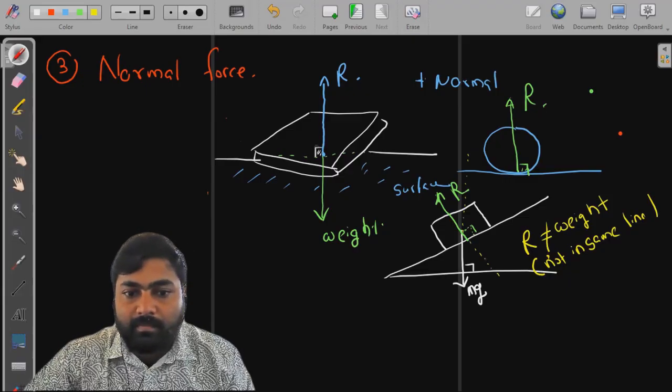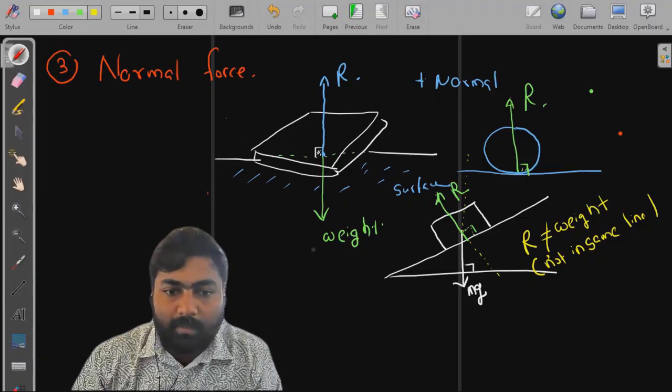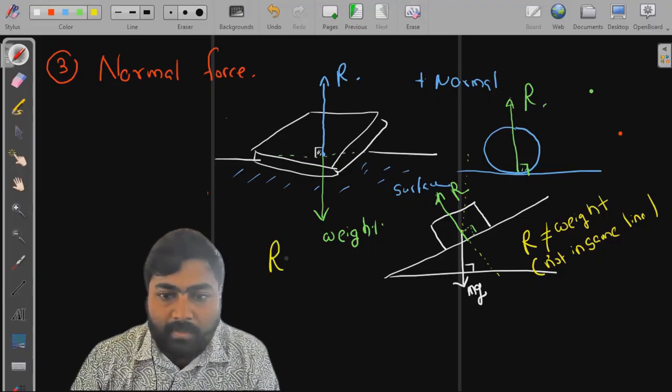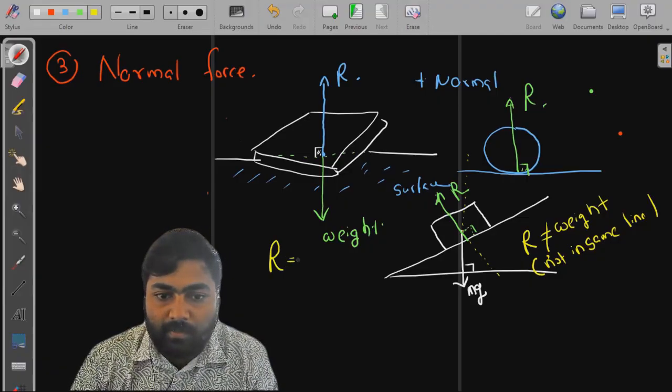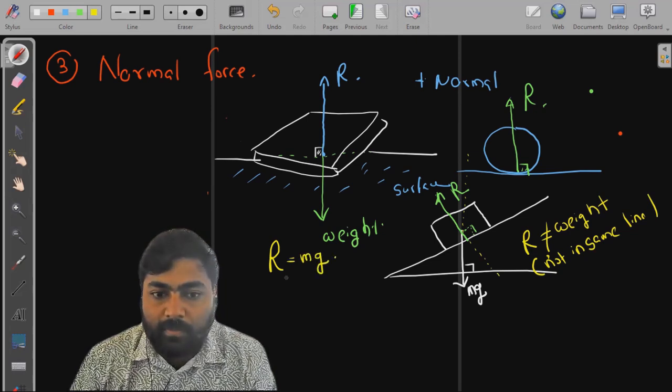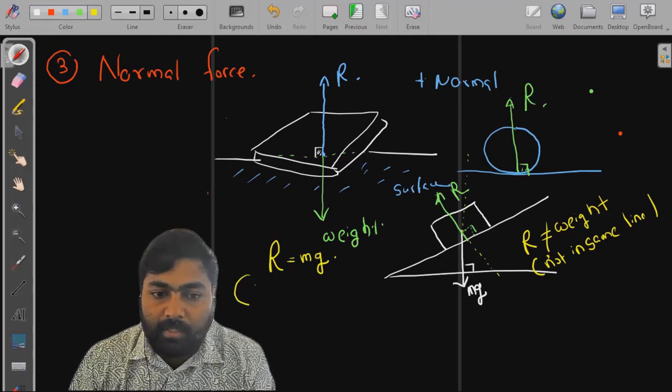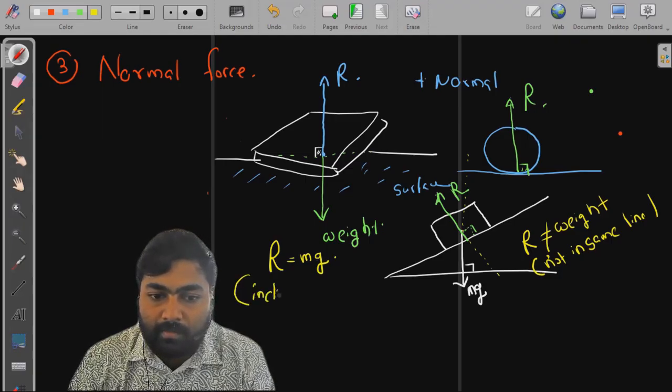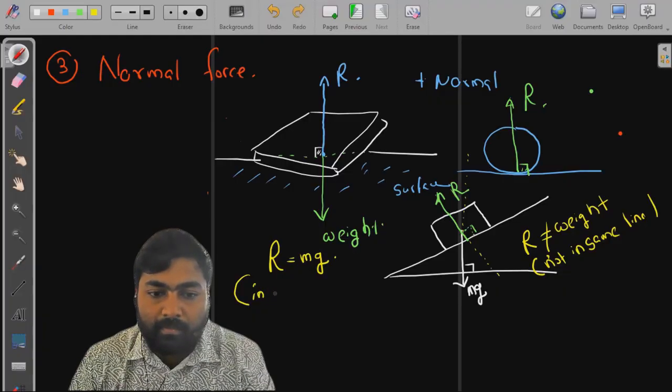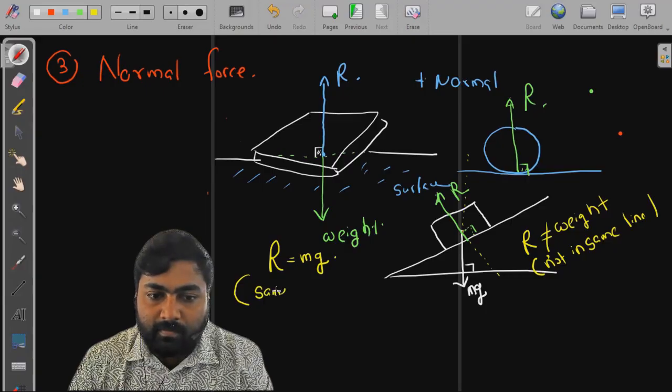But in here, the normal force R is equal to the weight mg, and it is in line, in the same line.